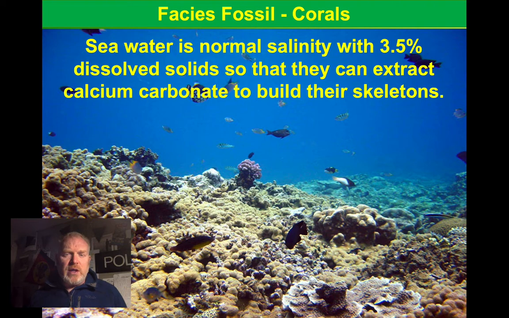The seawater as well has to be fairly normal salinity. If we have sort of brackish water, that's not going to have enough calcium carbonate for corals to grow their skeletons. So we can see that corals live in a really quite narrow zone.